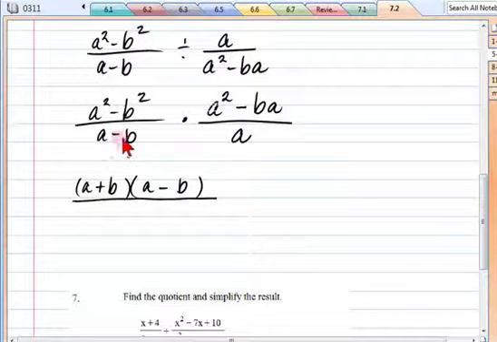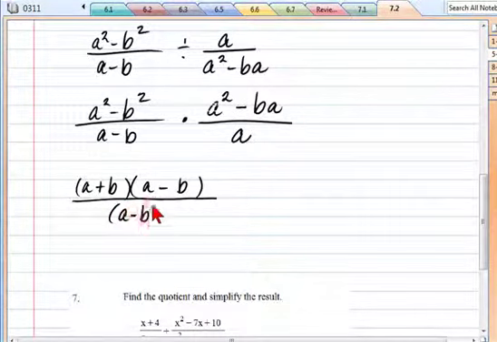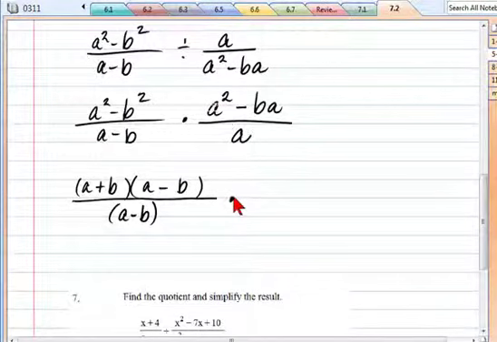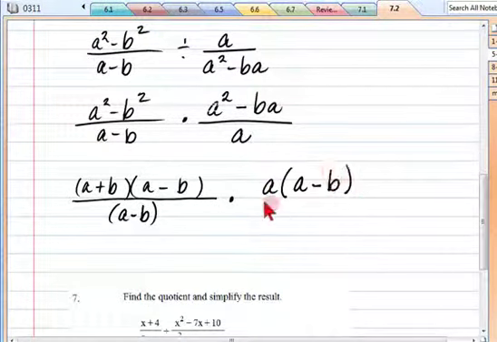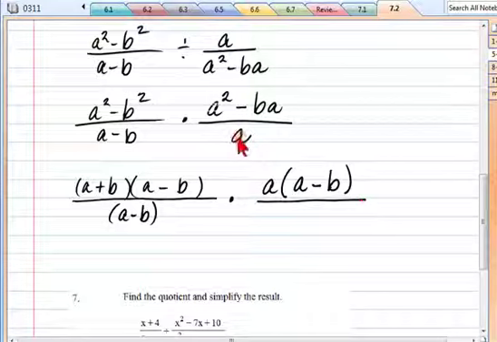Is there anything I can do with the expression a minus b? Okay, numerator of the second fraction. Is there anything I can do to factor this one? Greatest common factor of A. A times A minus B. And is there anything I can do to the denominator? No, it's just an A.